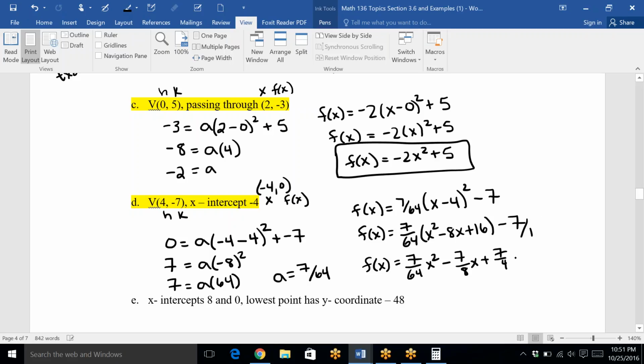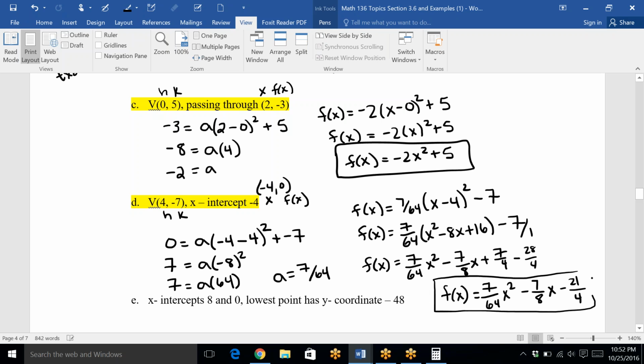I'm going to go ahead and get that new common denominator, multiplying top and bottom by 4 to combine with this fraction. That would be 28 over 4. So my final answer would be 7 over 64 x squared minus 7 over 8x, and then 7 minus 28, so that'd be -21 over 4. And that would be in standard form for the parabola.